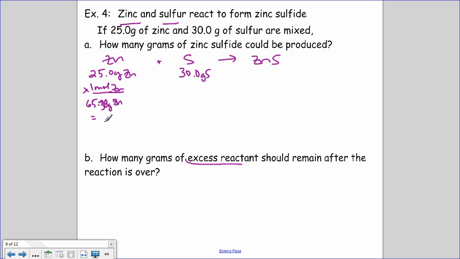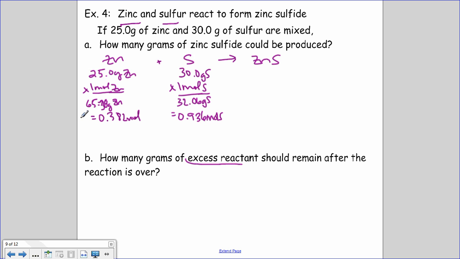When I do this calculation right here, I get 0.382 moles of zinc. Same thing for sulfur, except 1 mole of sulfur weighs 32.06 grams. And when I convert that, I get 0.936 moles of sulfur.